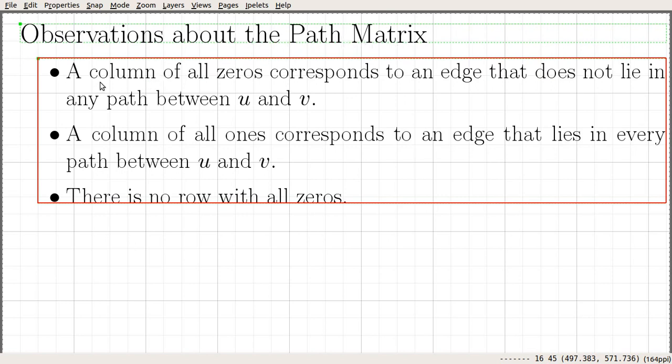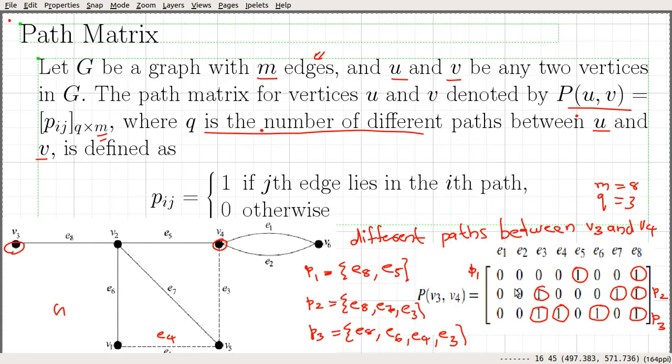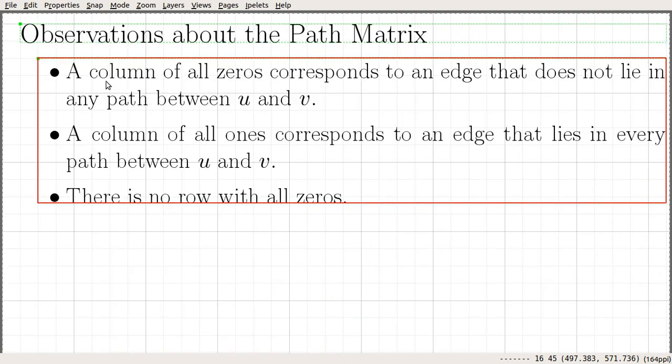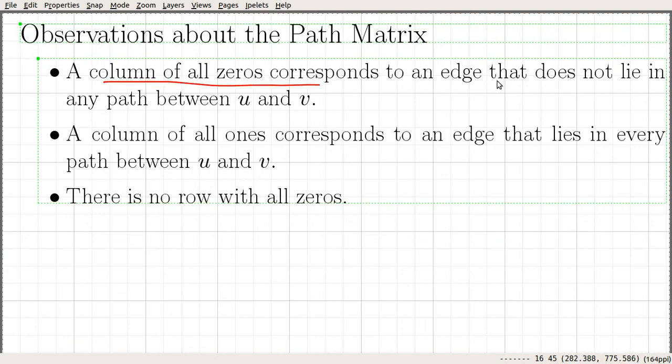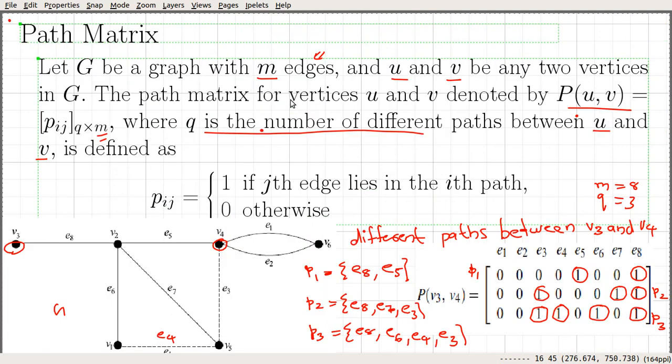So here we can very easily see that a column of all zeros corresponds to an edge that does not lie in any path between U and V. Okay, for example, if you look at this particular matrix, so here we can see that we have two columns. Okay, so the column of all zeros corresponds to an edge that does not lie in the path between U and V. Okay, and that we can very easily see from here.